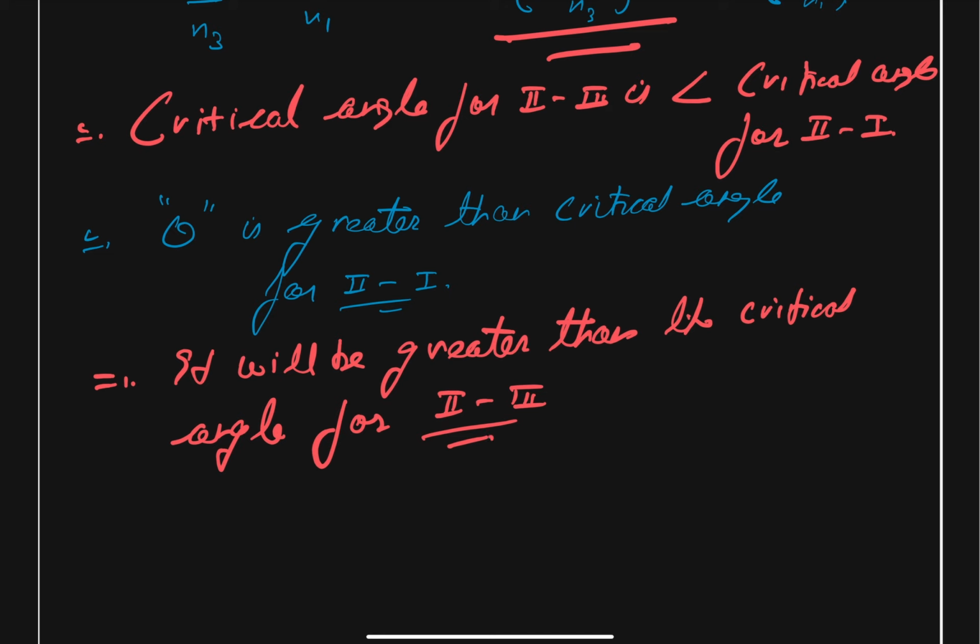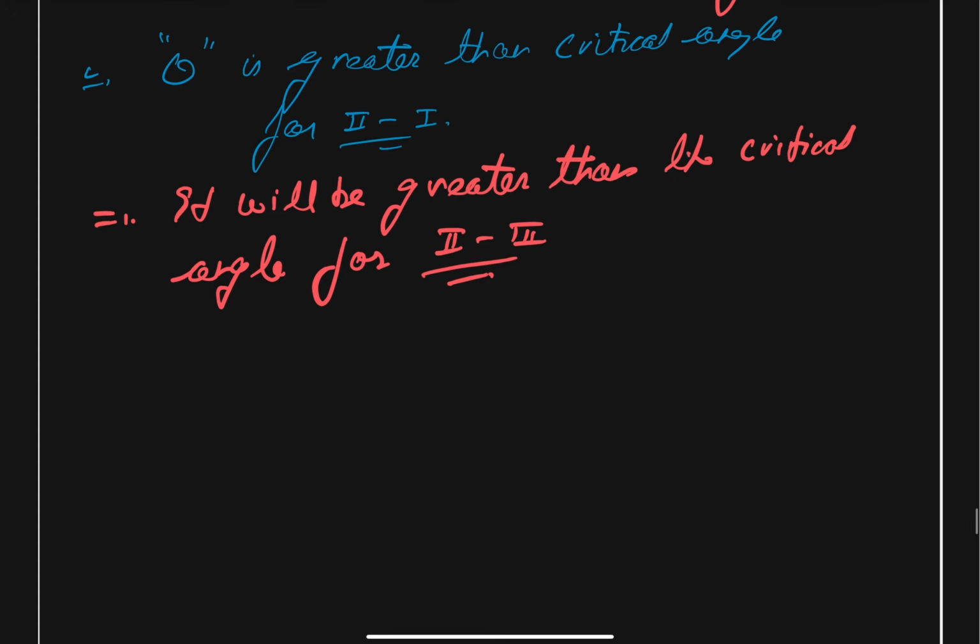Thus, total internal reflection at B is still taking place. We can say that the total internal reflection occurs at AB, which is between the second and third medium.